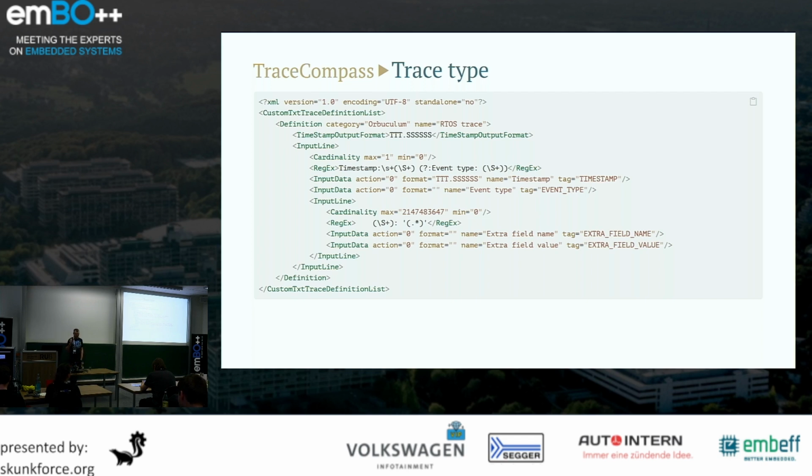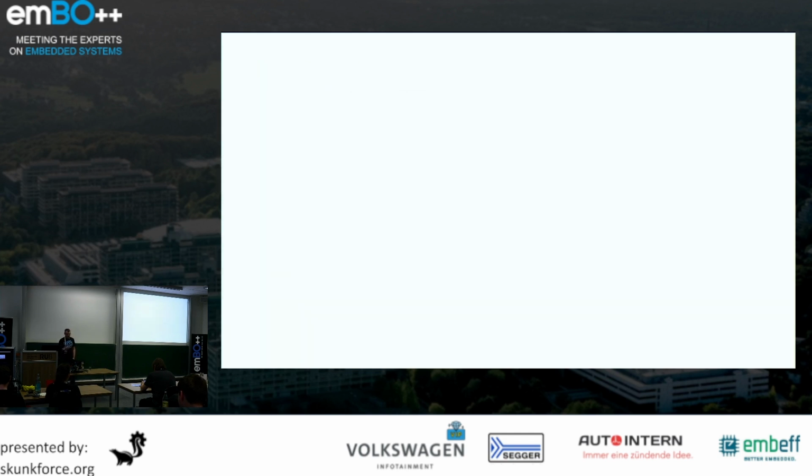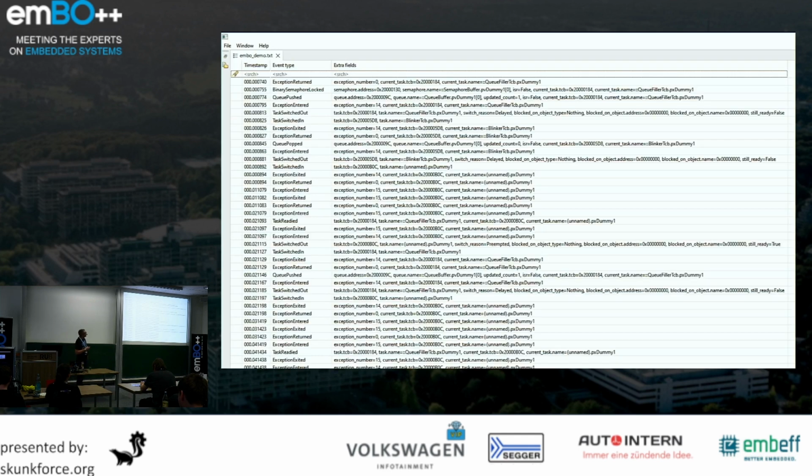Okay. So with the trace type defined, we can load the text file I showed you a few slides before, and we get everything in TraceCompass. We see timestamps, we see event type, and we can see all the extra fields. We can filter it, search through it.